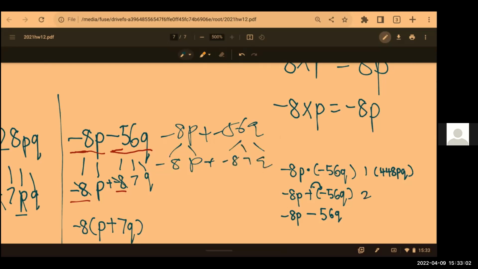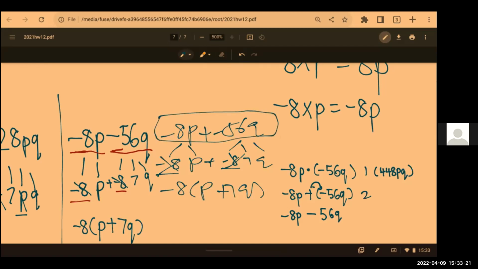Very clear? I'll just look here, okay? So we have this. Are you clear? So you are supposed to add the plus first. Can or not? Okay.